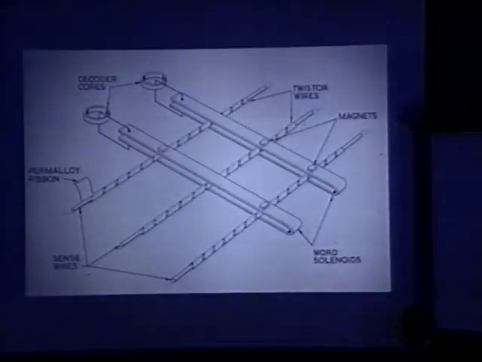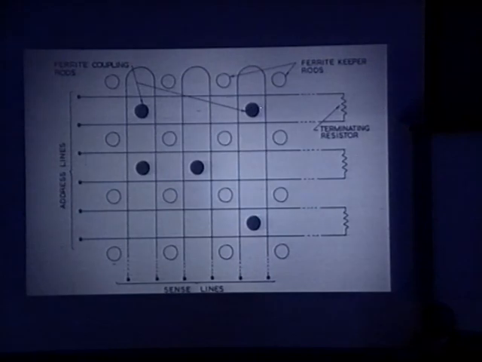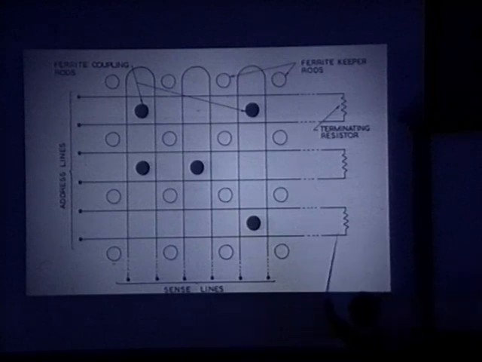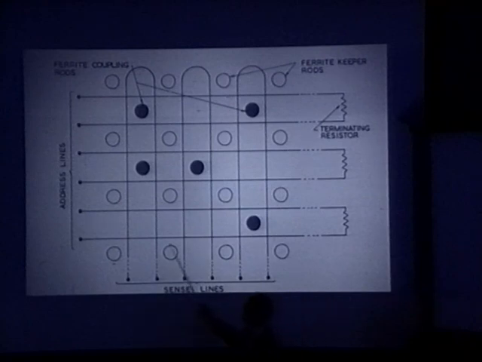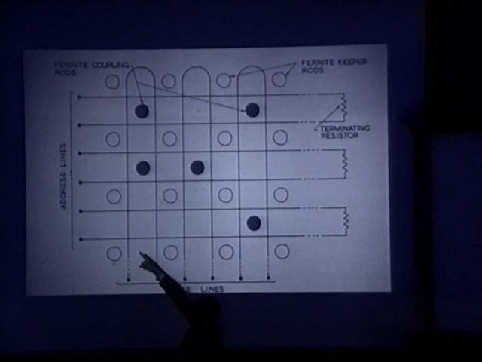Professor Kilburn at Manchester, I went to see the Atlas machine that Kilburn designed. It had a very, very elegant device. This is a mat of insulated wires with pairs of sense lines and pairs of word lines.